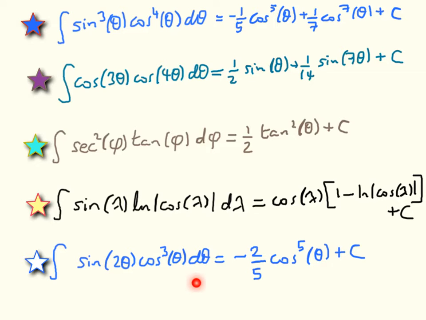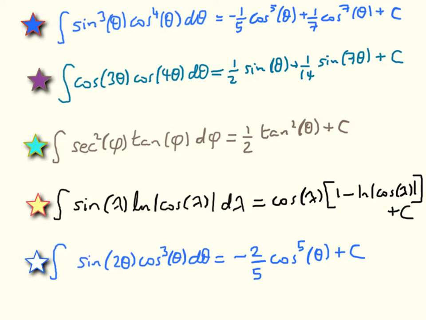And this integral here is calculated by recognizing that we know how to write sine of 2 theta as 2 sine theta cos theta, and then it is quite straightforward in a similar way to the first of these integrals. So with that, the rest of the video I will just go through the answers to the integrals in detail.